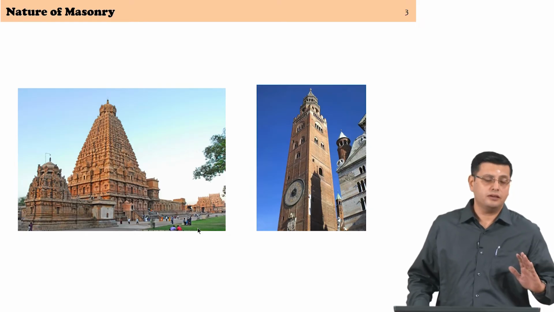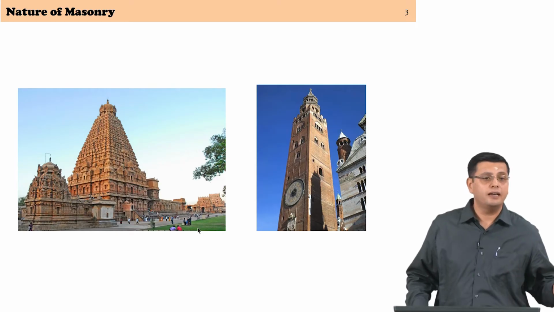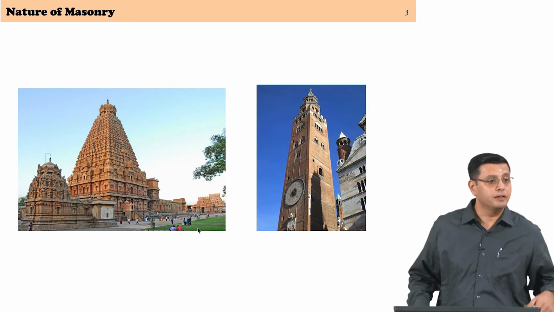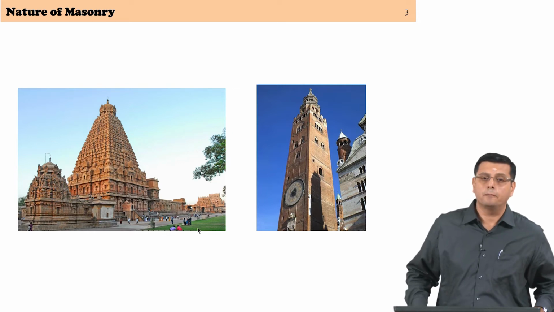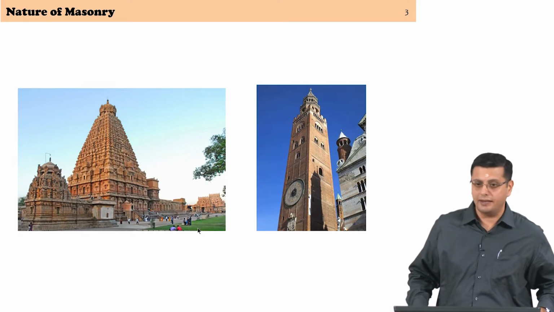Of course, we are not yet discussing the behavior of such structures under lateral action. That is something we will examine, and we will examine them particularly to see the stability when you have a combination of gravity forces and lateral forces.